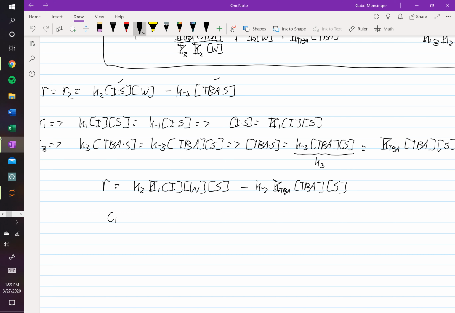So we have to do a site balance in order to get rid of that I dot S term.